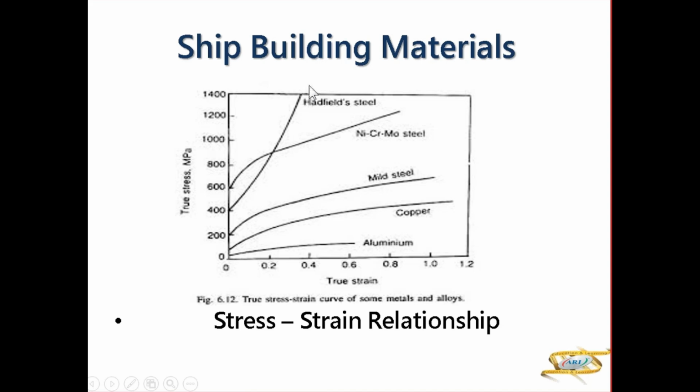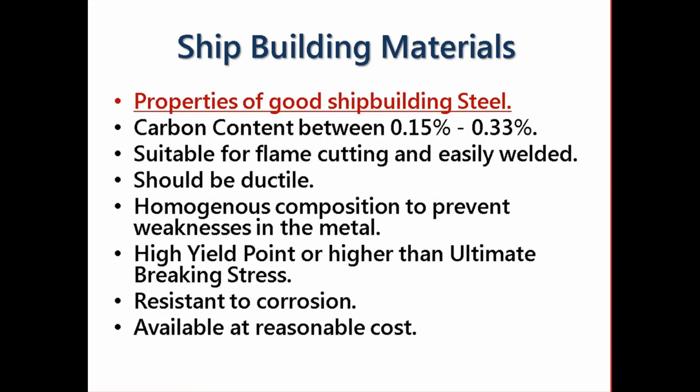So the UTS is pretty high. That's why this is used in making helmets. This was used in Second World War helmets of those soldiers, because it could take the strain. So that was your stress strain relationship.